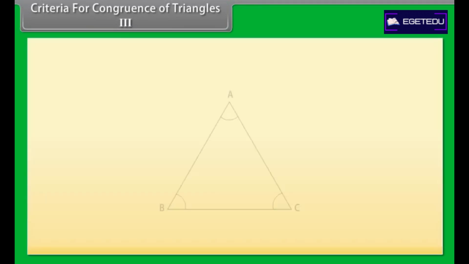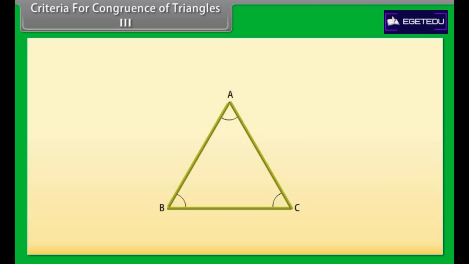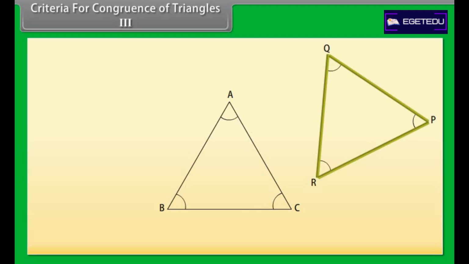Criteria for congruence of triangles 3. In order to explore another criterion, we again take a triangle ABC. Now take 3 thin sticks equal in lengths to sides AB, BC and CA of triangle ABC. Place them in any order to form triangle PQR near the triangle ABC.